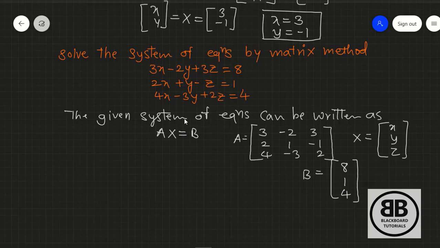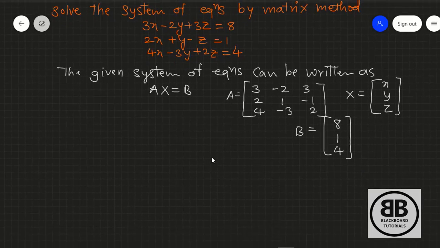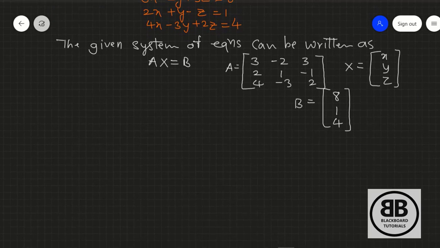The solution of this system will depend upon the determinant of the coefficient matrix. So we will find the determinant of the coefficient matrix.